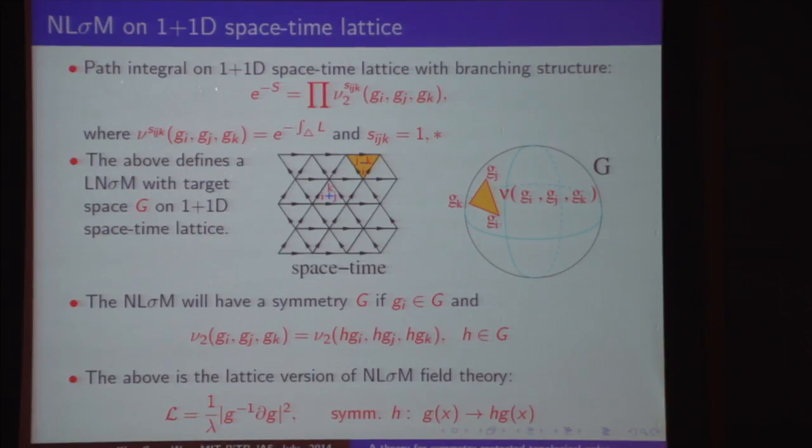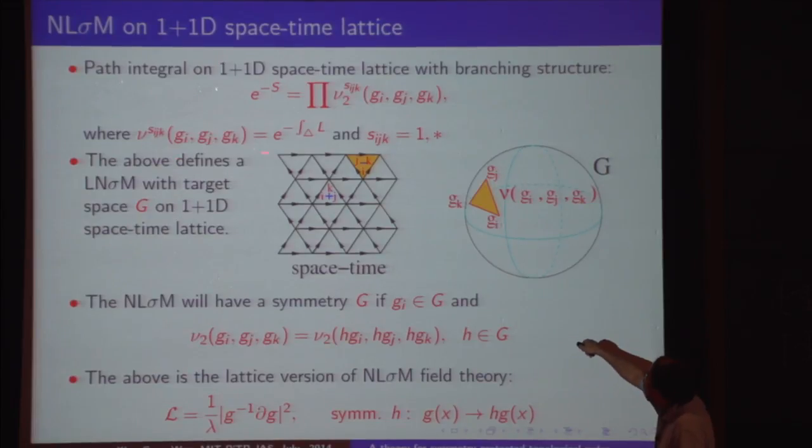So maybe let me finish with this. How to put things on the lattice? It's not so difficult. First ignore this Sijk. We just triangulate space-time, and on each triangle, the integration of L on this triangle gives us an amplitude.